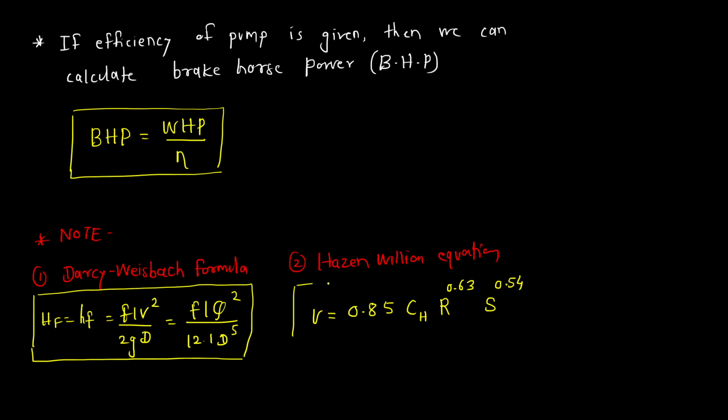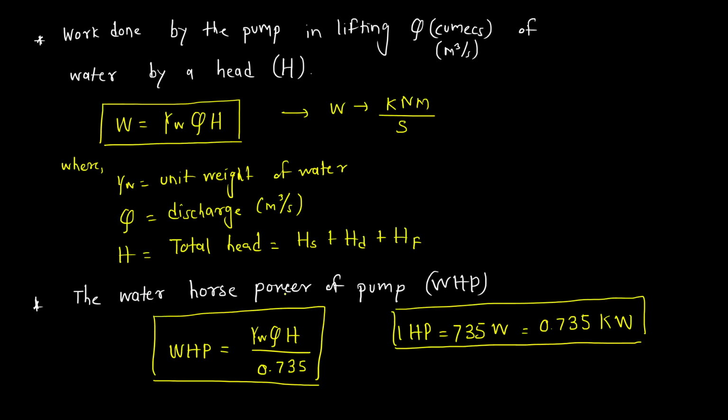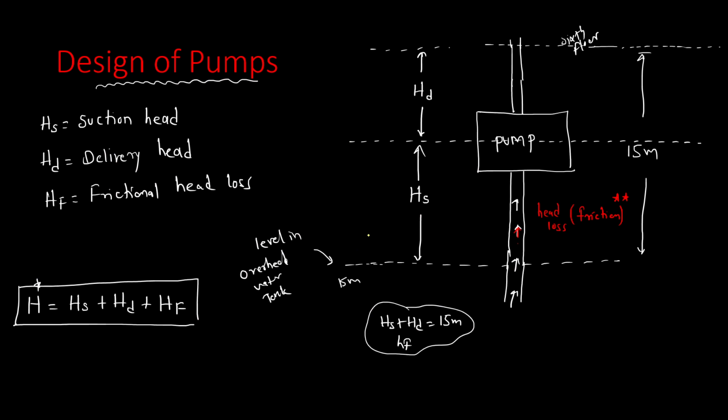So velocity we can find by using this equation. These are the main formulas used for the design of pumps. In the next video, we will take an example and design a pump for a required problem.